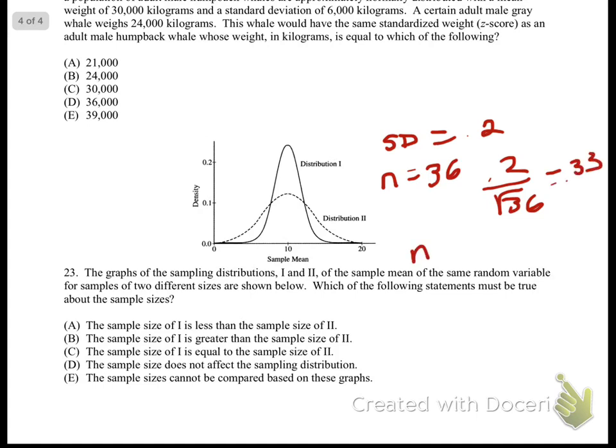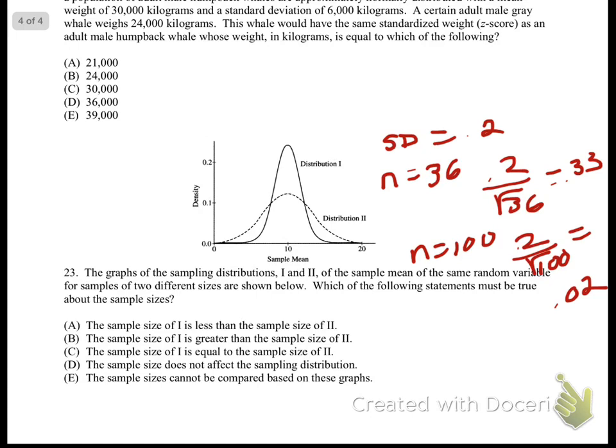Okay, now let's just say n is equal to 100. So my n is bigger, so I get 0.2 over the square root of 100. So it's going to be 0.2 divided by 10, and I get 0.02. All right? Okay, so what is our sampling distribution?